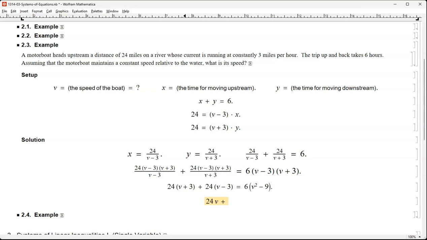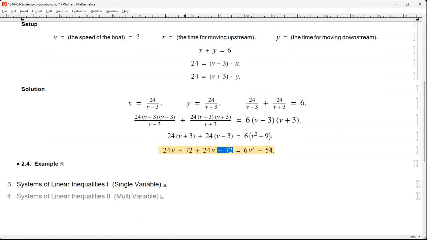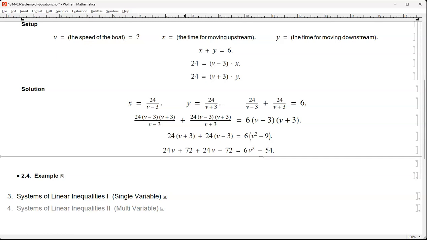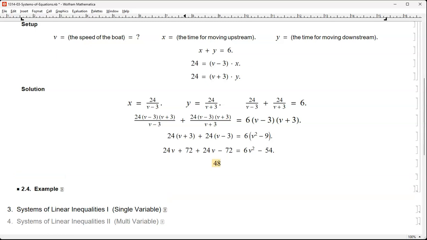Now step 2, parentheses. Let's break those up. 24v plus 3 times 24 is 72. 24v minus 72, and then 6v squared minus 6 times 9, 54. Did I get it right? Okay, everybody will clearly see that 72 and negative 72 will go out, and you're going to end up with 48v here, and this is 6v squared minus 54.